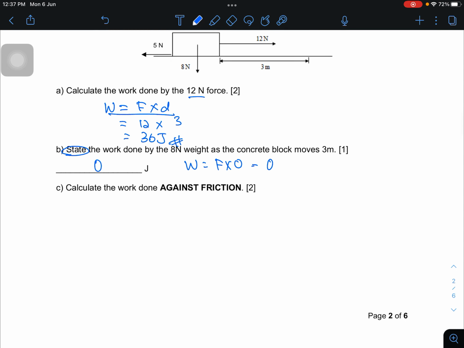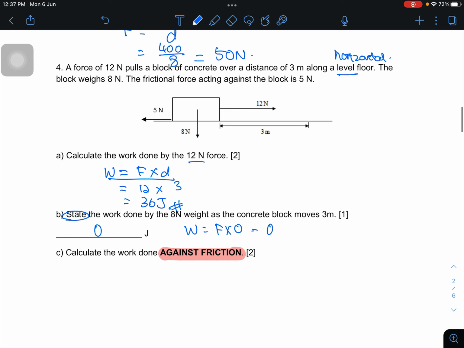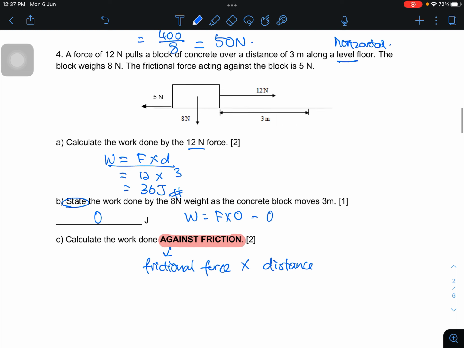C, calculate the work done against friction. This is the second time, right? Work done against friction is friction or frictional force multiplied by distance moved where there is this friction acting.